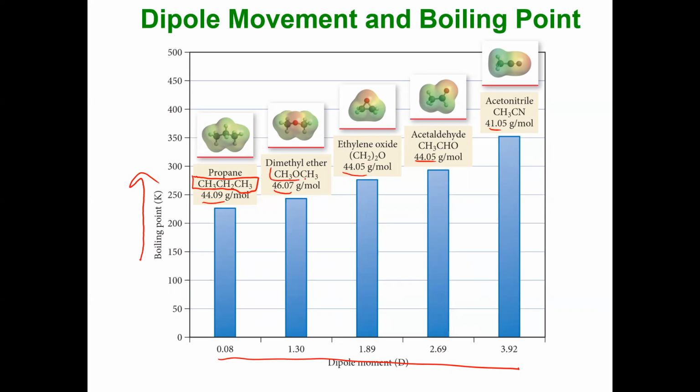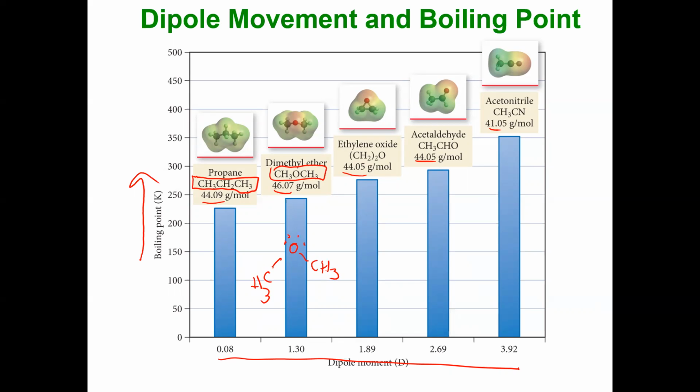Then I go to dimethyl ether. Now dimethyl ether, this is where your Lewis dot structures really help, right? If I draw dimethyl ether, it has this bent shape, right? And it's polar because it has that oxygen, and the bond between oxygen and carbon has a difference in electronegativity.